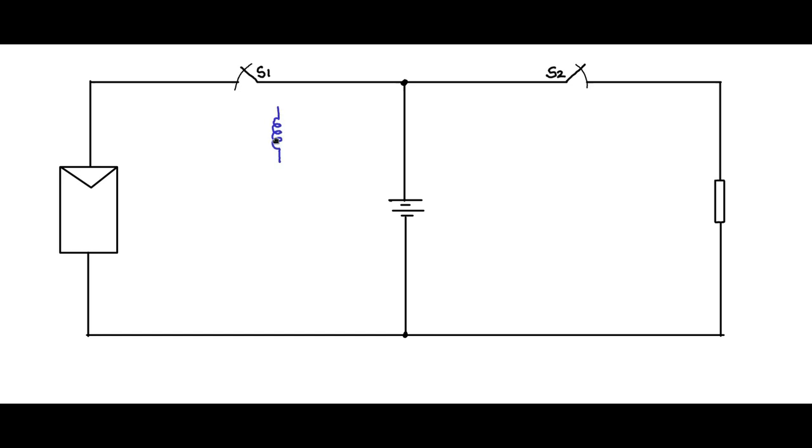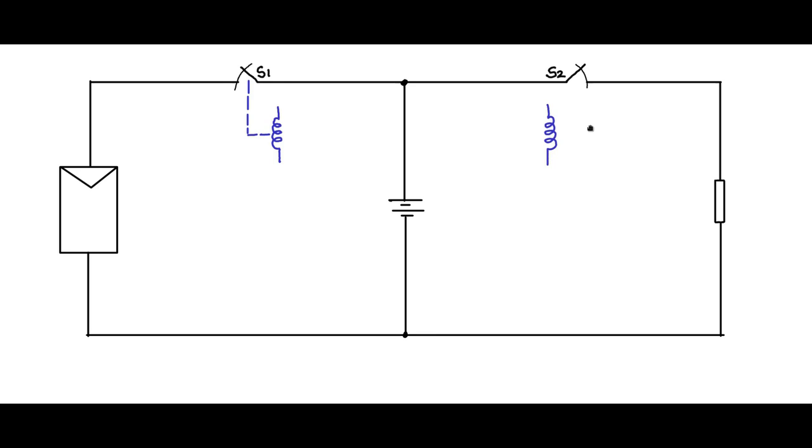So there is a relay coil here which will drive switch S1. When this relay coil is energized, then this switch S1 will be open. If this coil is not energized, then that is the normal operating condition. S1 will be closed, normally closed.